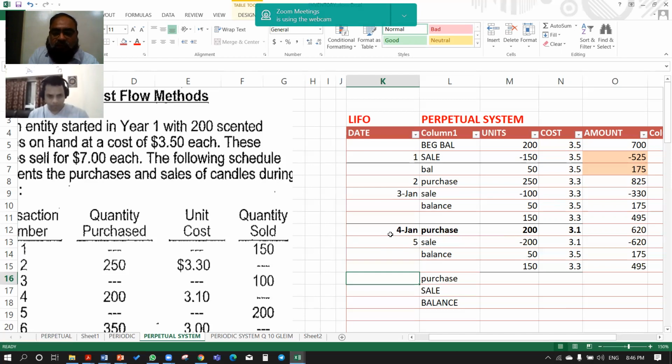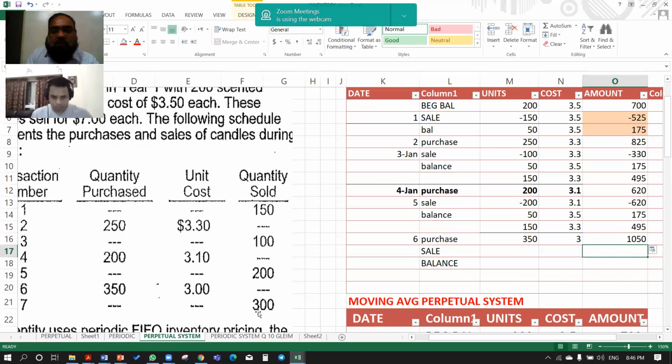Sixth one is a purchase of 350 units. The rate is 3, and the amount will be 1050. The last item is we are selling 300 units.